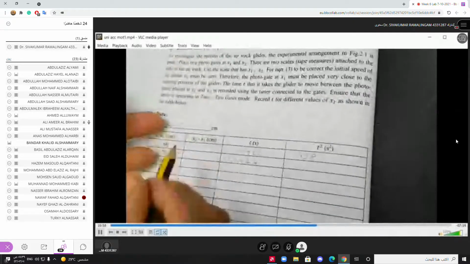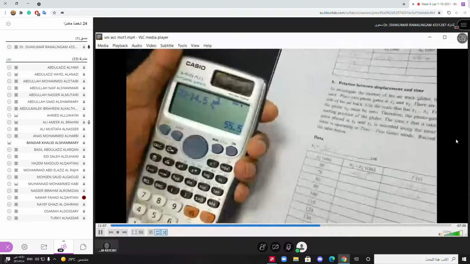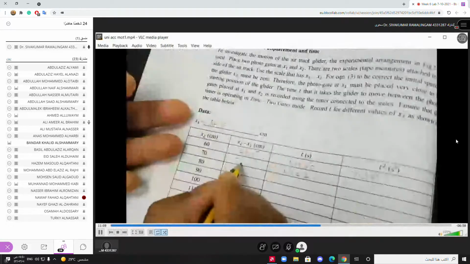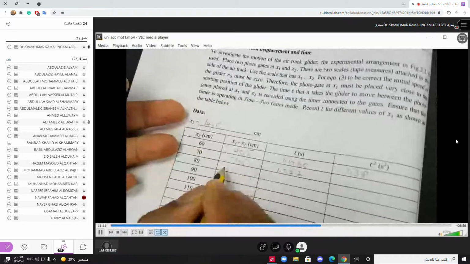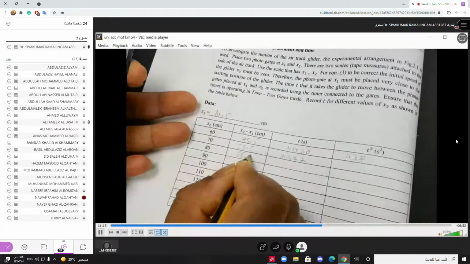This is 70 minus 14.5, which is 55.5. This is 60, 65.5, 75.5. This keeps going.